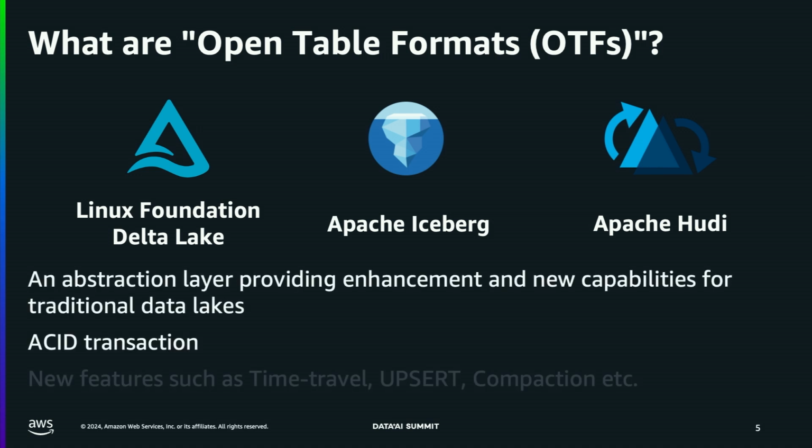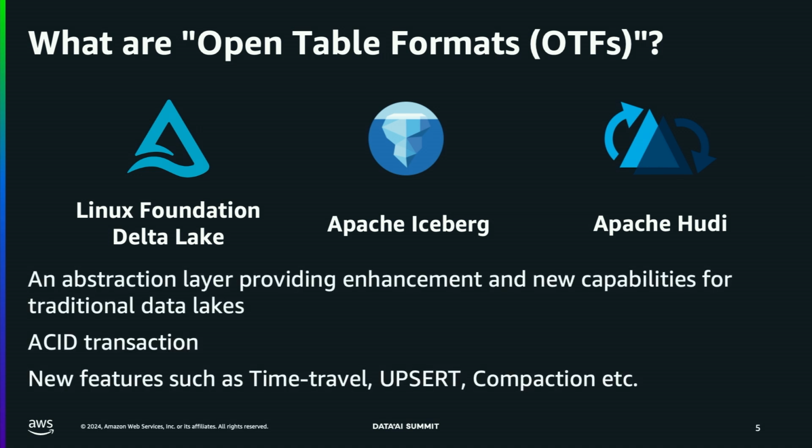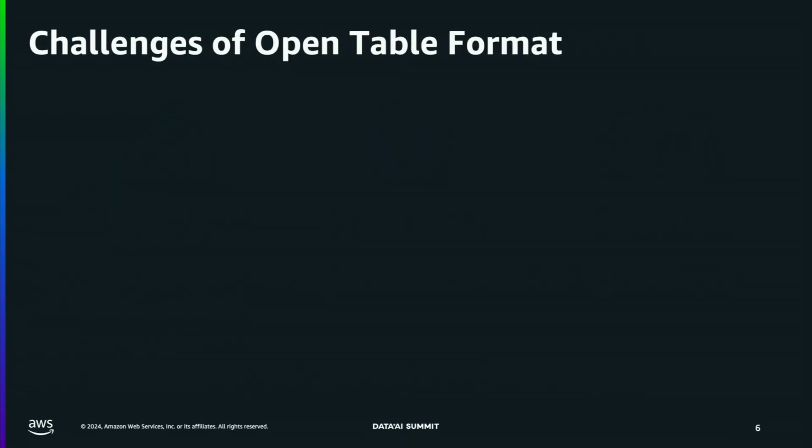An open table format is an abstraction layer that provides ACID transactions and also new features such as time travel, upsert, and data compaction to data lakes. Because of these new capabilities, many organizations and companies started using open table formats.